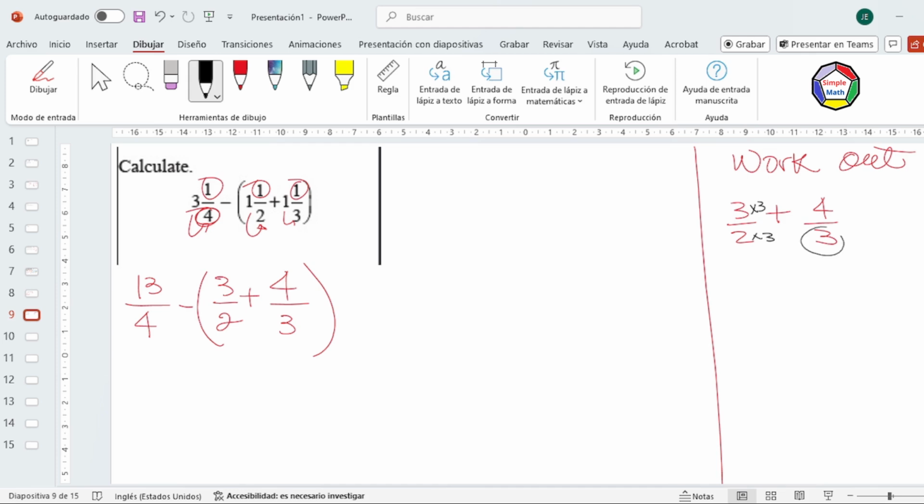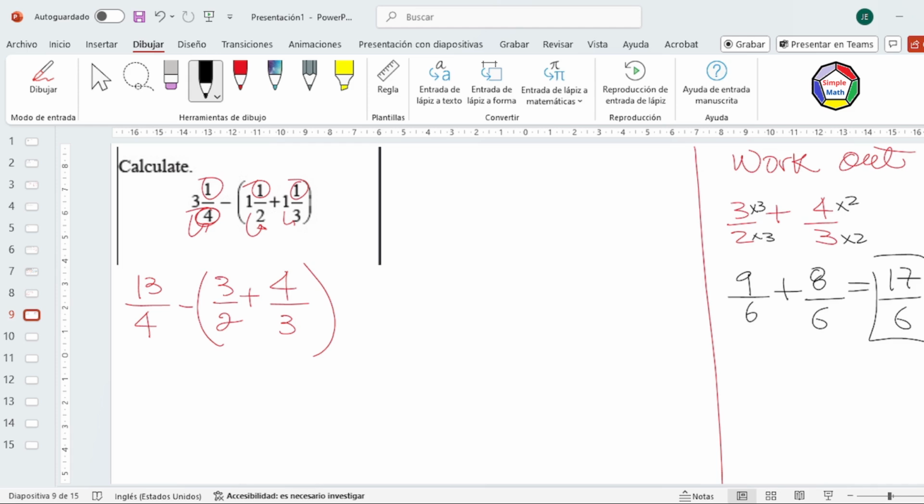And I have to make the 3 become 6, so I multiply times 2, both parts of the fraction. So the first fraction becomes 9 over 6 plus 8 over 6. 9 over 6 plus 8 over 6 is 17 over 6. This is the answer of my parentheses.